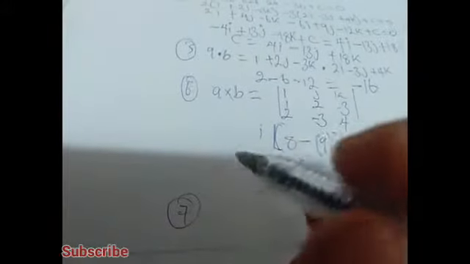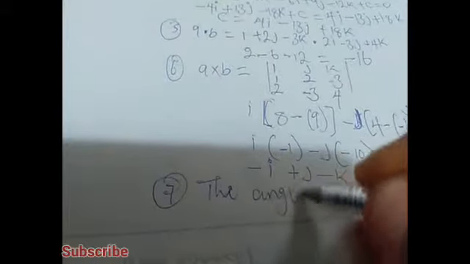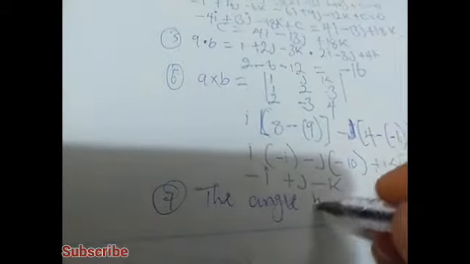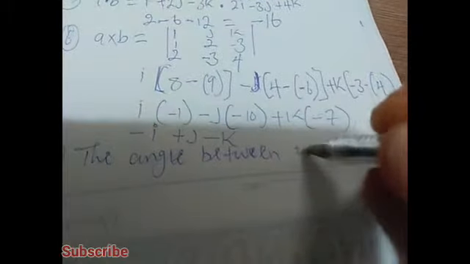Now for number 7, we're going to deal with angles. Our question says find the angle between the two vectors.